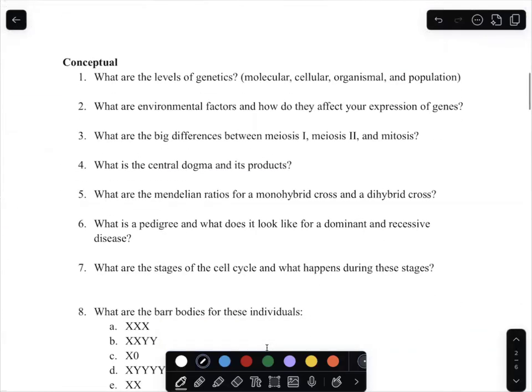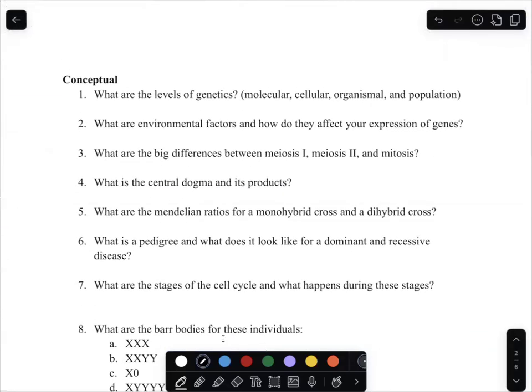Okay, now for the conceptual part, what are the levels of genetics? So molecular, cellular, organismal, and population.